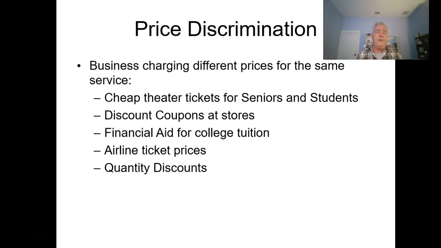Airline ticket prices are another example. Airlines price tickets based on where they can get the most amount of money for the tickets. For instance, I used to live in the Palm Springs area. Airline tickets to fly into Palm Springs are probably twice what they are in the summer as in January, February, March.